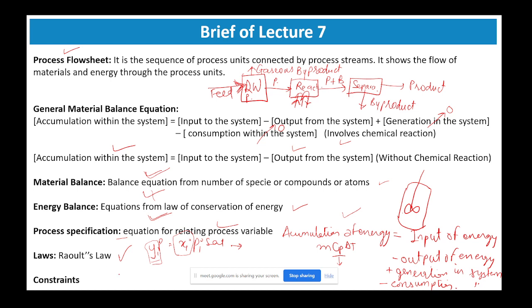For example, the mole fraction in any system, the total of mole fractions x1 plus x2 up to xn, cannot be greater than 1. It is always equal to 1. The mole fractions of all these species always sum to 1. So this is also a constraint, where we are bound to follow certain things, and it comes under constraint.